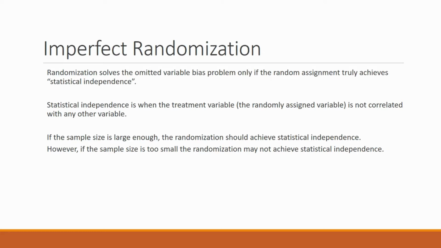However, if the sample size is too small, that means there are too few observations in your data set, then randomization may not actually achieve statistical independence. That means if the sample size isn't big enough, even when you randomly assign the treatment, it's possible that your treatment variable will still be correlated with other variables. And if that's the case, that can cause omitted variable bias if you omit some of those variables. All right, so basically, even when we randomize, our randomization can be imperfect. All right, and that's what this imperfect randomization is.